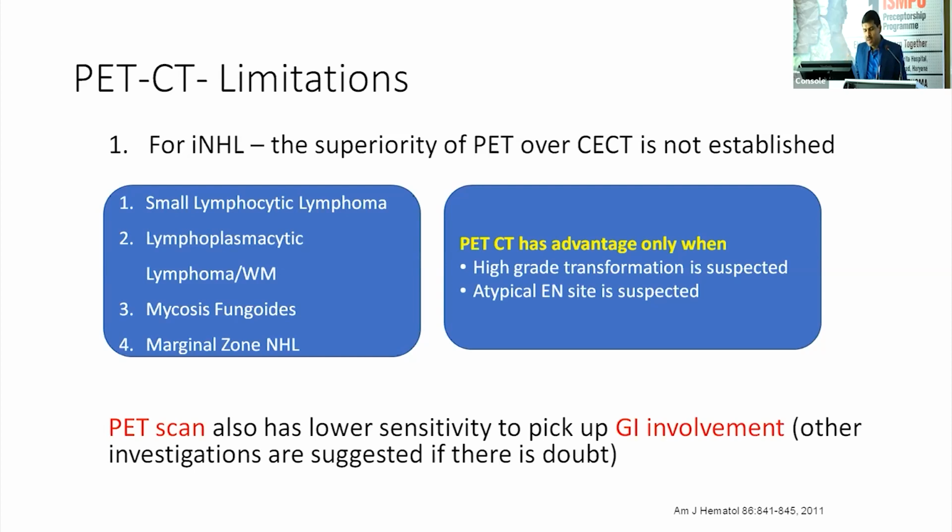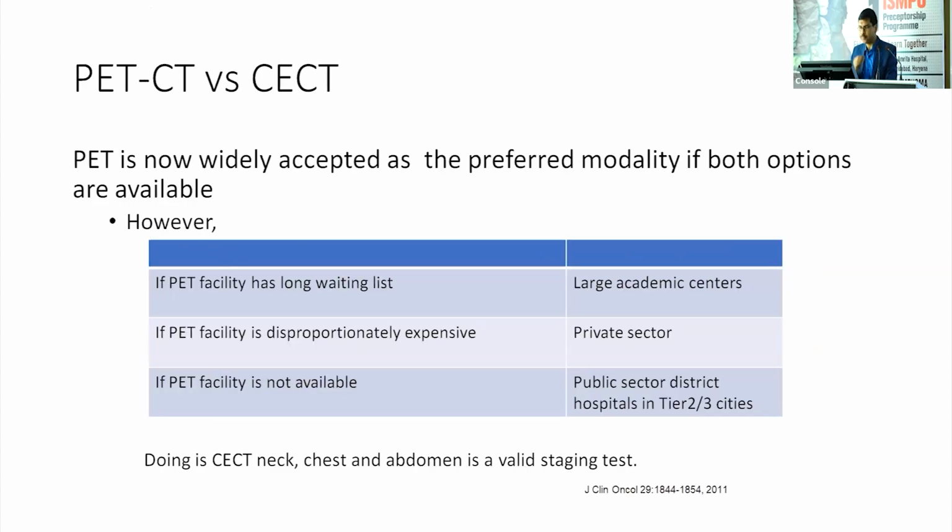So the same impact is there in patients with lymphoma also: whether the uptake is because of physiological activity, or some inflammation, since the GI tract is very immunologically active, or is it per se because of lymphoma? This is one area where PET CT is not very robust, and therefore it is recommended in the paper that other investigations are suggested if there is a doubt. And the other investigation that I can think of very easily is endoscopic confirmation of involvement of the GIT by lymphoma. For other extranodal sites, PET CT is the best modality.